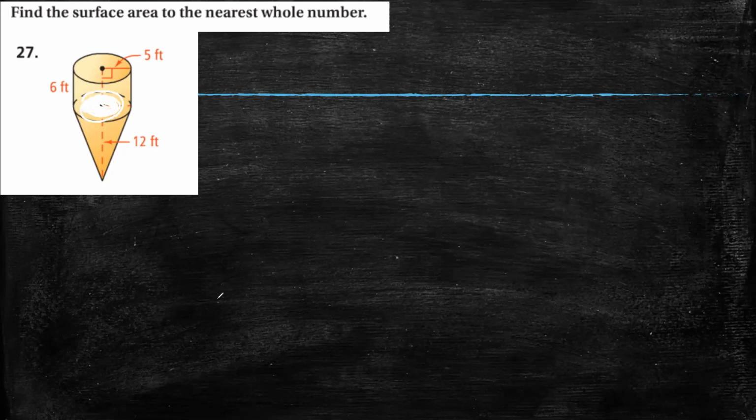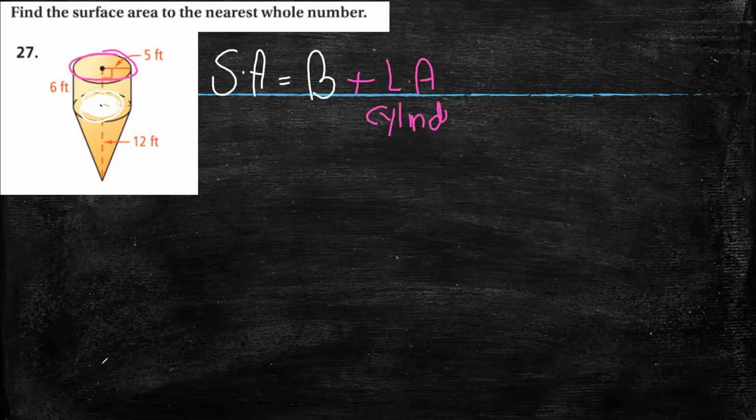So if you want to find the surface area of this shape, I will find the area of the base, which is this one, plus the lateral area of the cylinder, plus the lateral area of the cone.